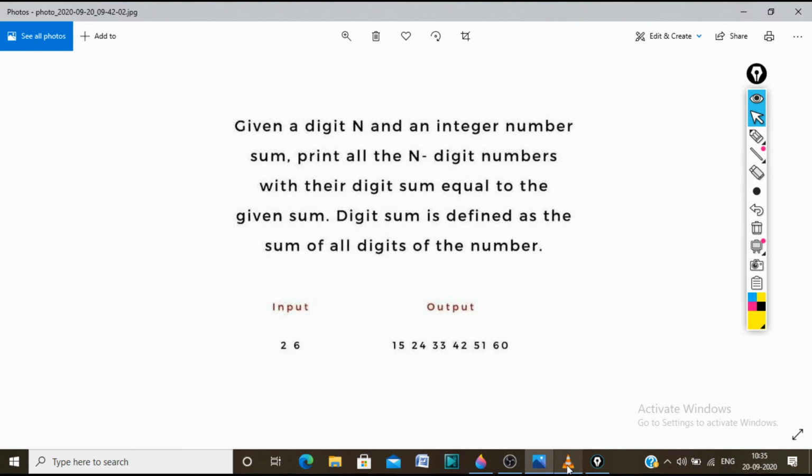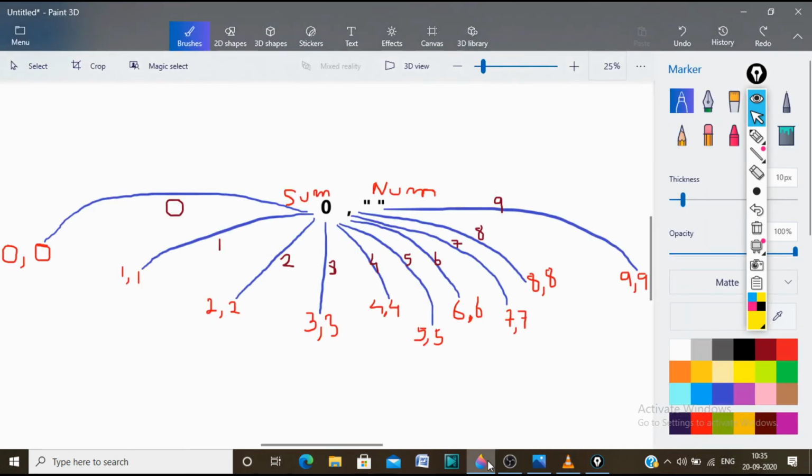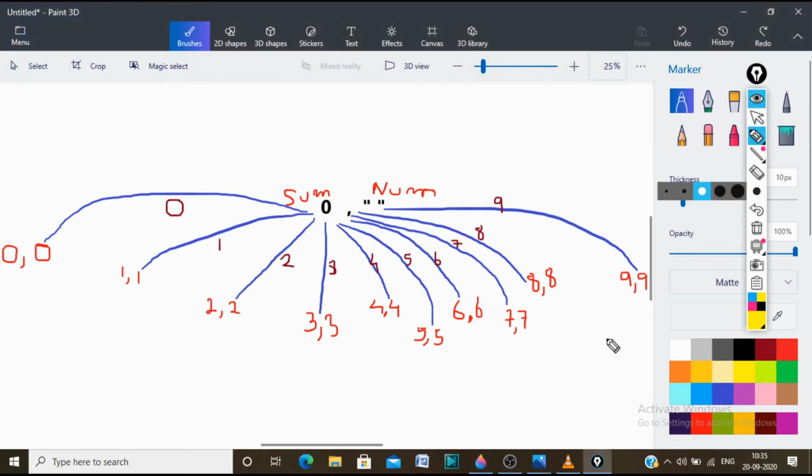Fine. Now, understand what we are going to do. Assume this case, where my number is 3, okay? I am having a digit 3. Now, I need to make all the two digit numbers that have 3 as the tens digit, not the unit digit, okay?